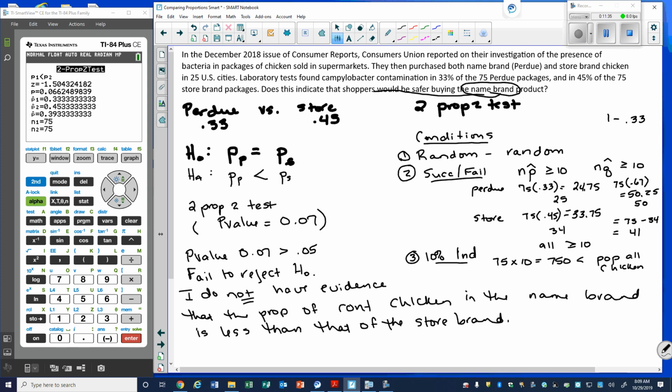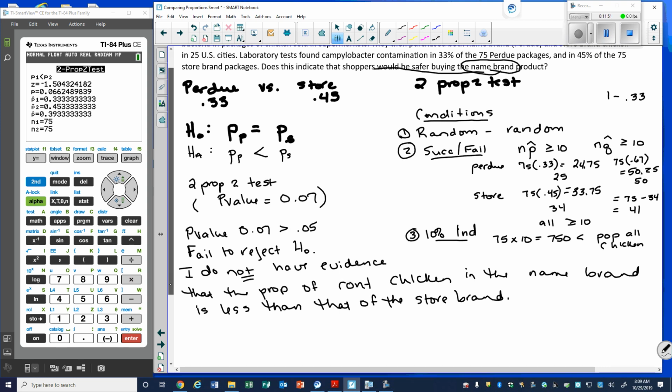Okay, and because I don't have this evidence, then I can't really say that it would be safer to buy the name brand product. These proportions are really just sampling variation. One's not really more contaminated than the other.